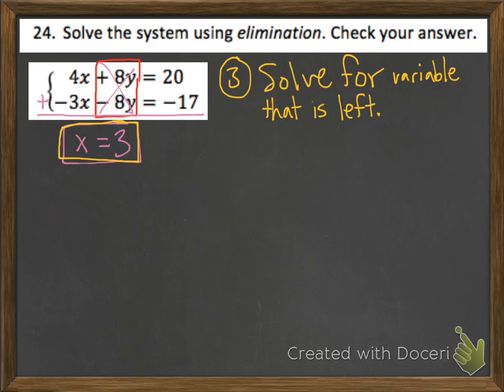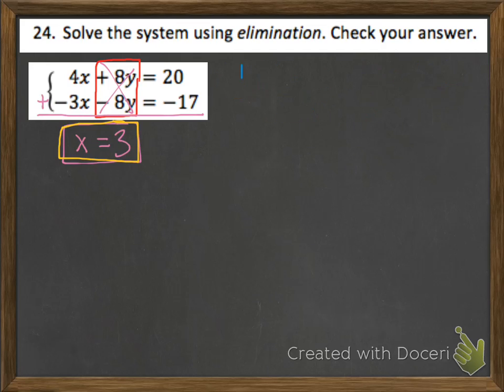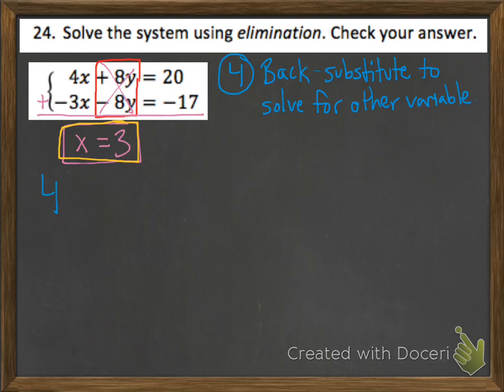Step 4 begins to look a lot like substitution. So for step 4, we're going to back substitute our value for x into one of our original equations. It doesn't matter which equation we choose, so I always want to choose the easier one. In this case, there's not really one that's easier than the other, so I'm going to plug it into the top. I have 4 times 3 plus 8y equals 20. I want to solve for y.